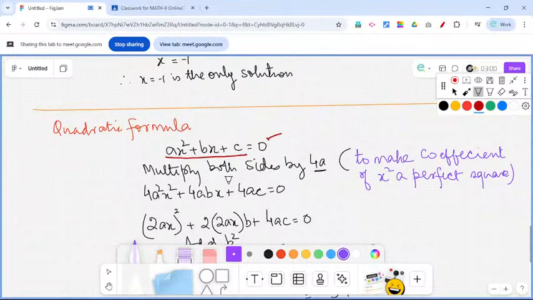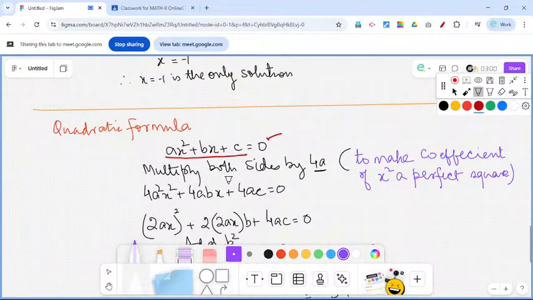इस फॉर्मूला को डिराइव करने के लिए हम क्या करते हैं, हम जो इसका x² का कोफिशिएंट है, वी वांट टू मेक इट ए परफेक्ट स्क्वायर. To make coefficient of x² a perfect square, what do we do?